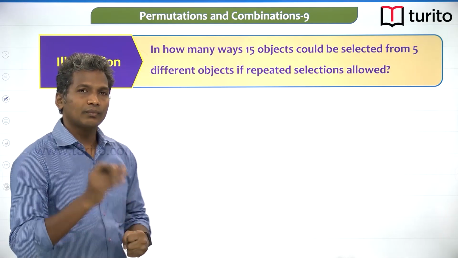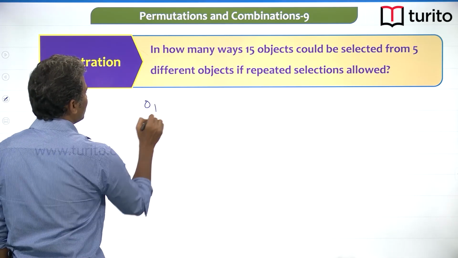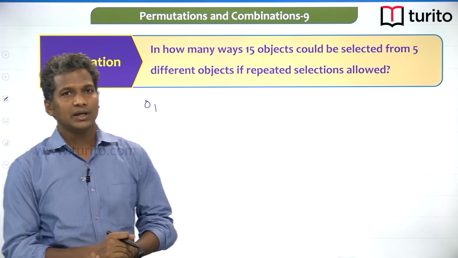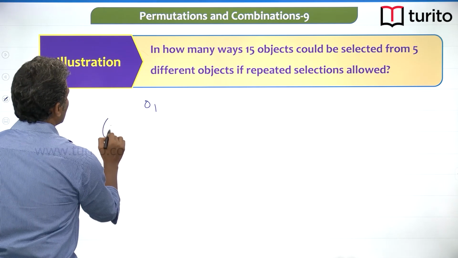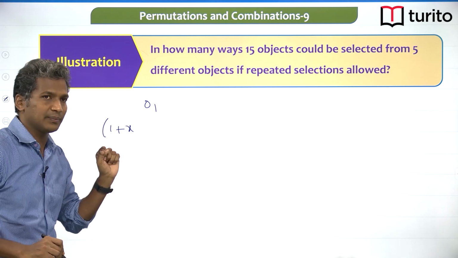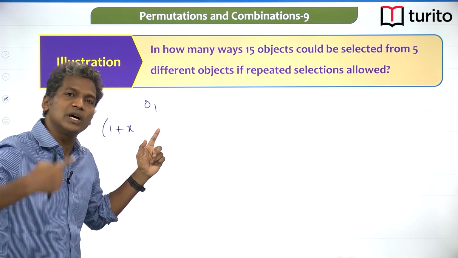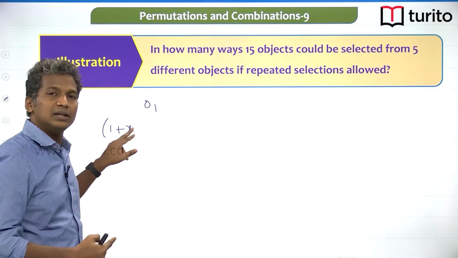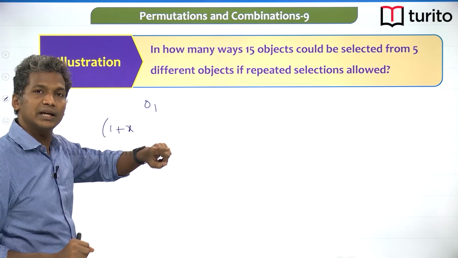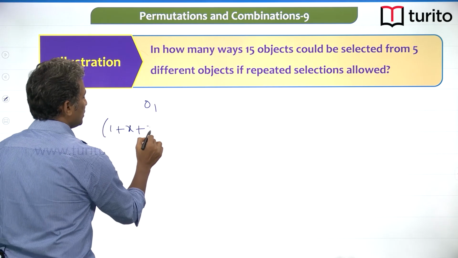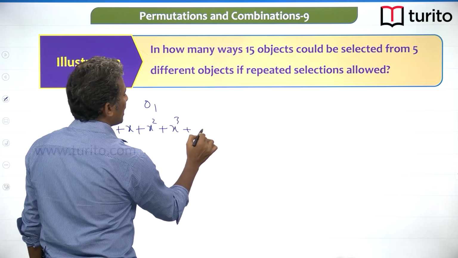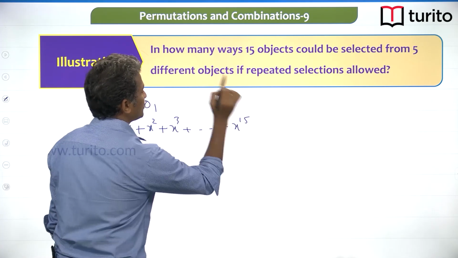To do this, we allow each object to be selected a maximum of 15 times. So for object 1, our function will start from 1 plus x and go till x raised to 15. If it is selected only once, it starts with 1 and ends at x only. But it can be selected 2 times also, which has only one way, 3 times also, which has only one way, and it can be selected 15 times also.